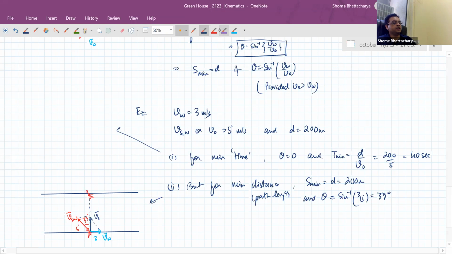Whereas for the minimum time case, he will swim with his velocity of 5 in this direction. The river will flow at 3. So his net velocity will actually become in this direction, and he will end up reaching here. His body is oriented like this, but he will reach here at the minimum time.